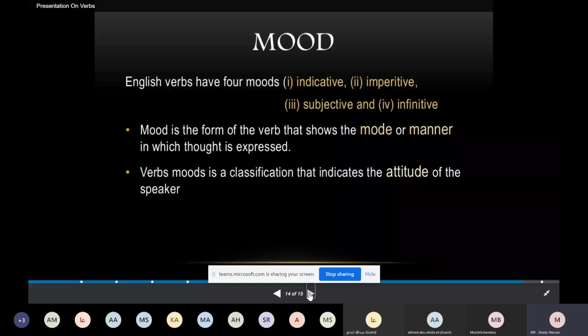So here, I'm not going to be a king. So this is a hypothetical situation. In this hypothetical situation, the mood of the verb in here is subjunctive. That's why you find it "I were", not "I was". If I were a king, not if I was a king. This is the subjunctive mood.